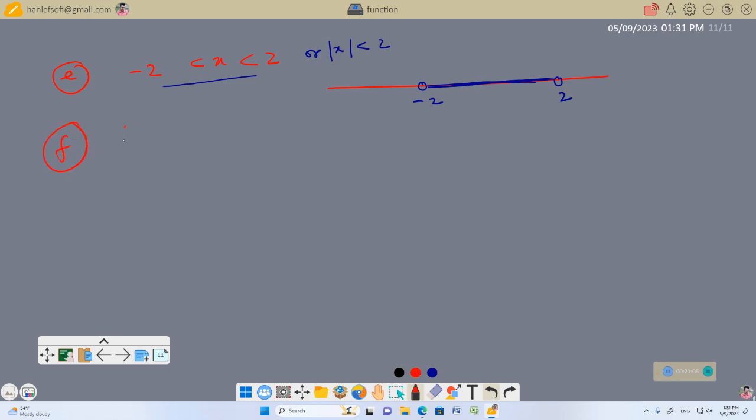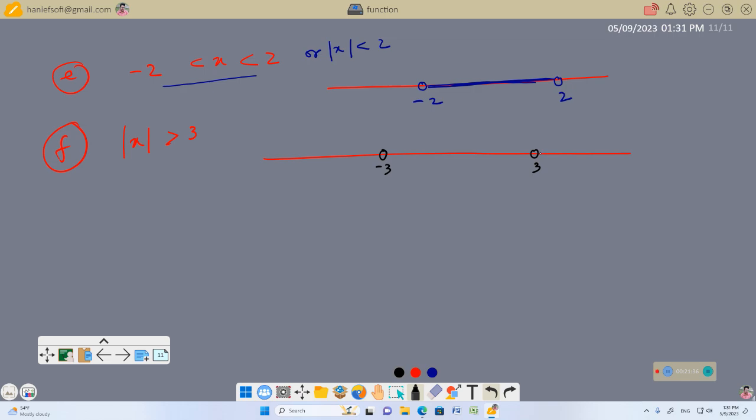part. If it is written mod x is greater than 3, what is the meaning of it? It means this. If this is my number line, this is here minus 3, then there will be some other point to the right, which is 3.